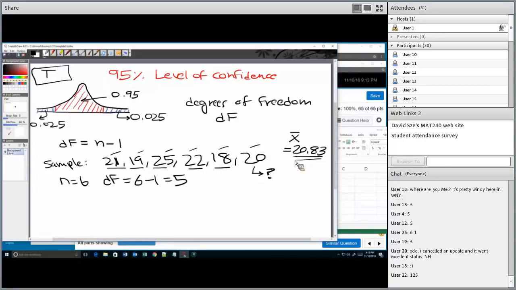If I give you the mean, if I say, hey, this is the mean for this data set, well, you can use these 5 values to come up with this unknown value. That is what this means. So you have degrees of freedom. There are 5 degrees of freedom, meaning you can vary these 5. And if I give you the mean, you can find the 6th value in the data set.